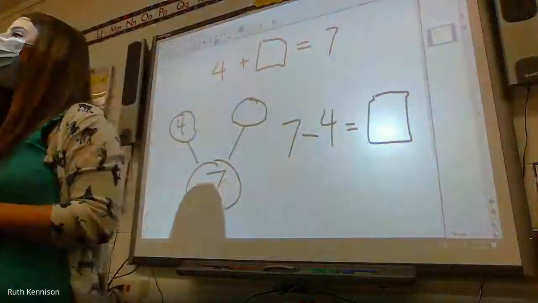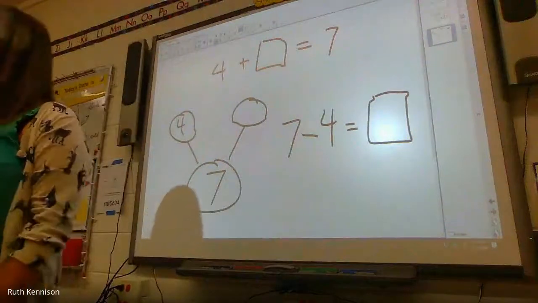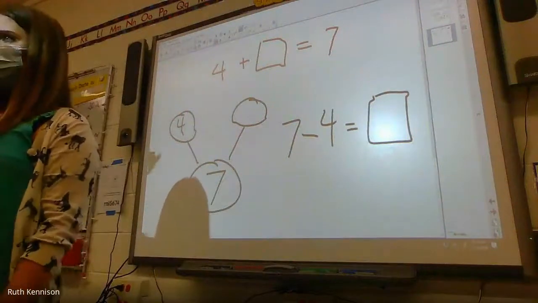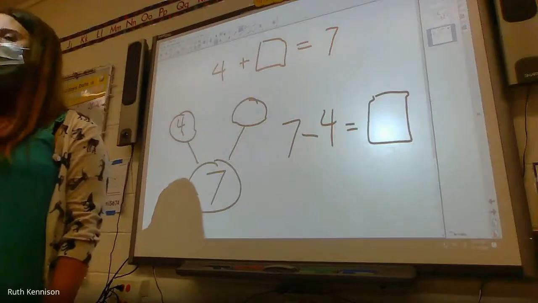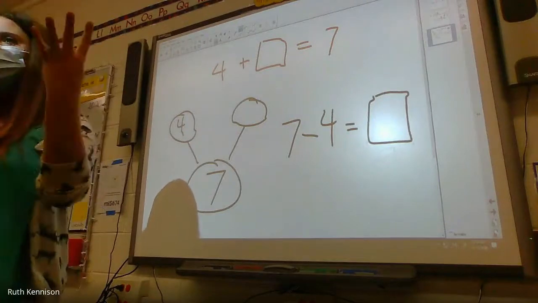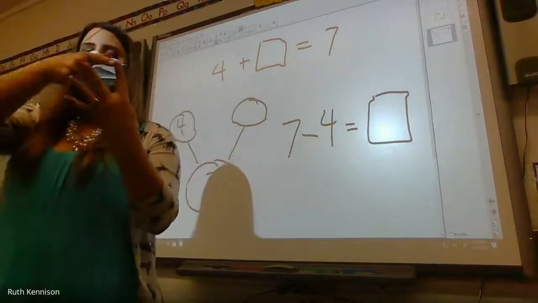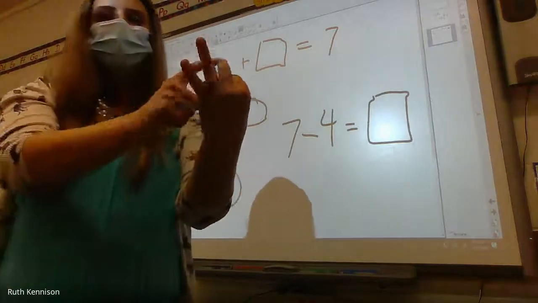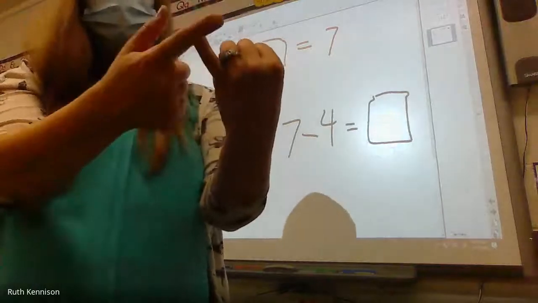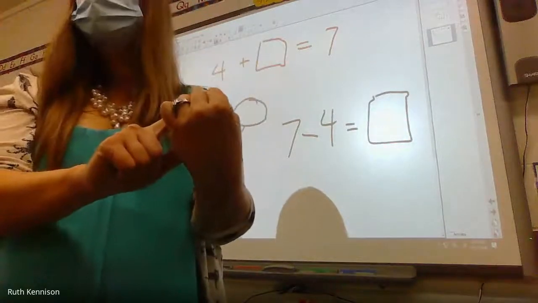If we did subtraction, we count down. So you start with 7. Bloop. Now count backwards 4. Now listen carefully. 7, 6, 5, 4, 3. What number did we land on? 3.